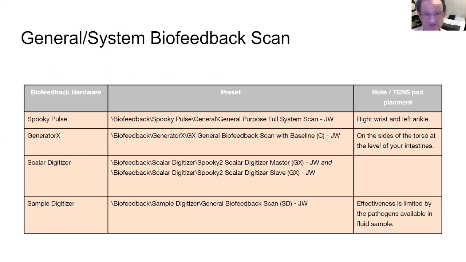And here we have the address for where you would get the stuff for Spooky Pulse biofeedback, which is for the XM generator, and Generator X, Scalar digitizer, which is again a Generator X thing, and Sample digitizer. If you're using Scalar, you'll be running it off Generator X. So you'll have to have Generator X to be able to do the Scalar digitizer scan. Same with Sample digitizer.